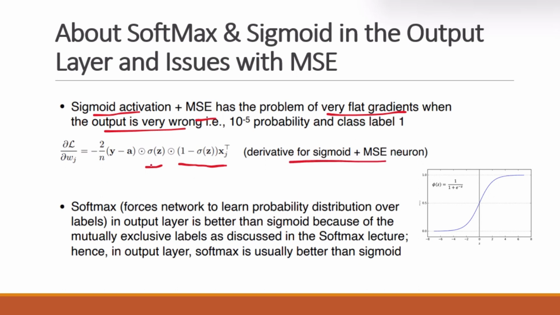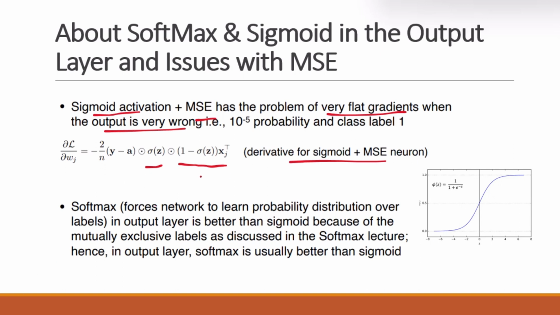When we had the binary cross entropy and the sigmoid activation, things cancelled nicely so that we ended up with this nice learning rule. But if we use a mean squared error function like we are doing right now, combined with the sigmoid activations, we end up with this derivative that has the problem that it contains this term itself.